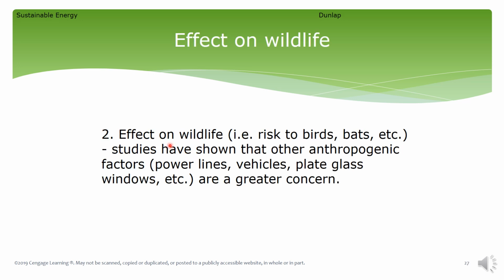Second is effect on wildlife, for example, risk to birds, bats, etc. Studies have shown that other anthropogenic factors, for example, power lines, vehicles, plate glass windows, etc., are of greater concern.